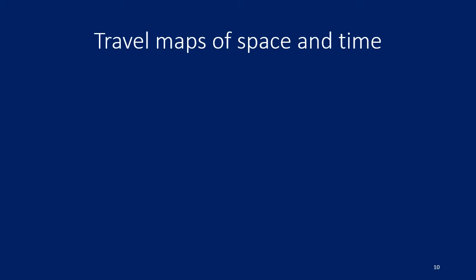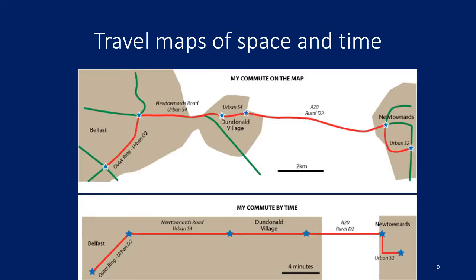Let's look at a couple travel maps of space and time. Here are two maps. On the top is a map of space and a map of time of someone's commute. Now notice on the top we have a scale of 2 kilometers, and on the bottom we have a scale of 4 minutes.